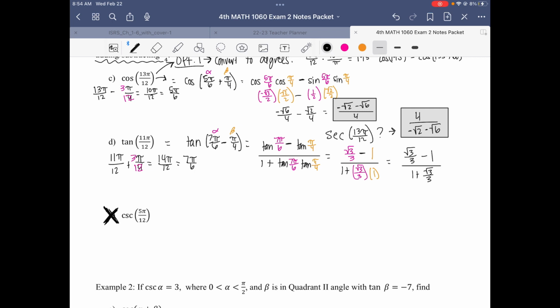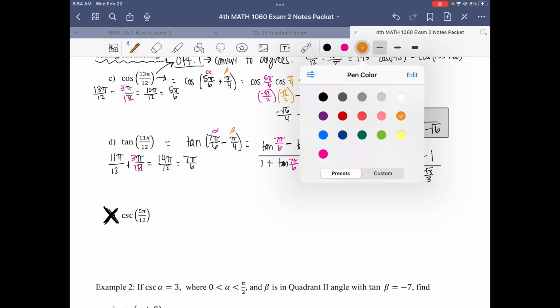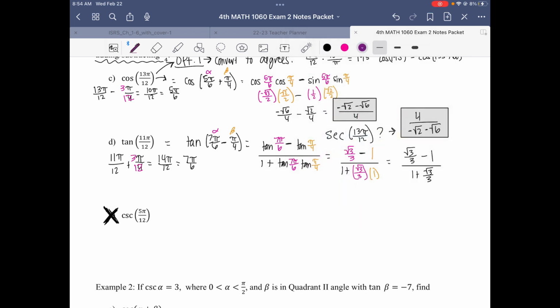Now, I'm fine with you not rationalizing, but I would like to see you guys actually come in and simplify this a little bit. So this is 3 over 3. This is also 3 over 3. So this one would equal root 3 minus 3 all over 3. And this one would be root 3 plus 3 all over 3.